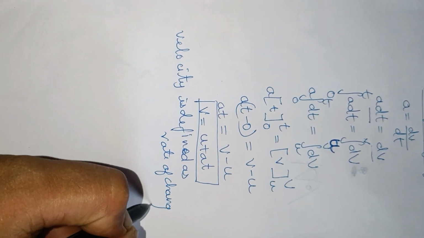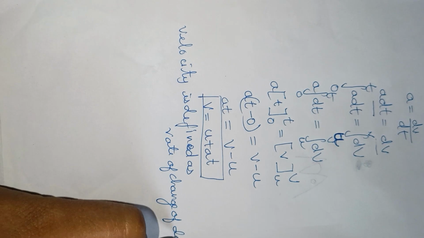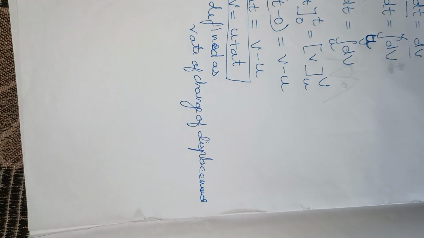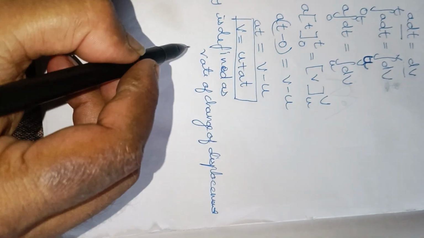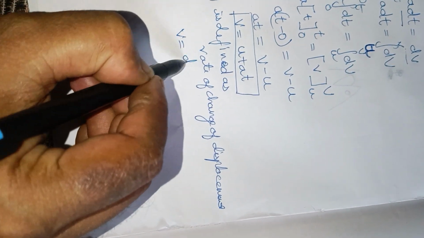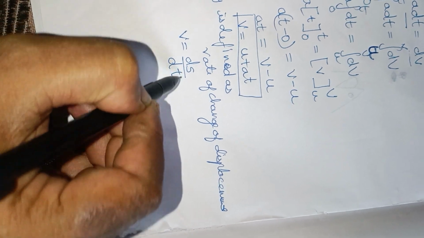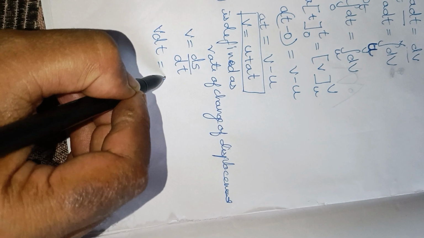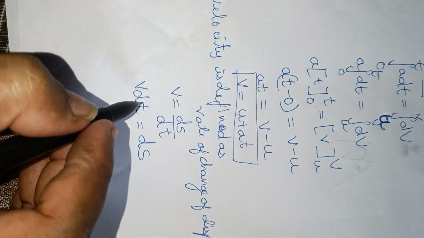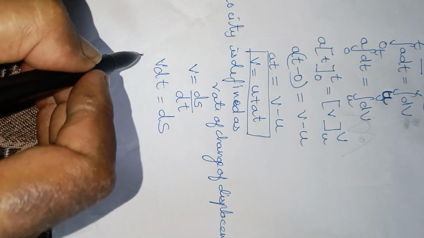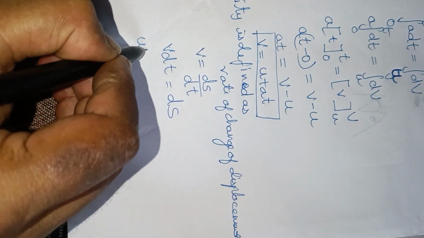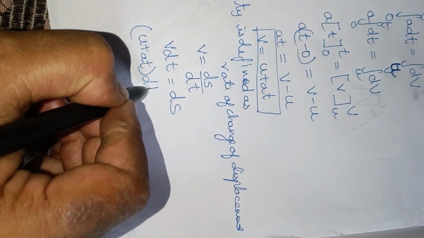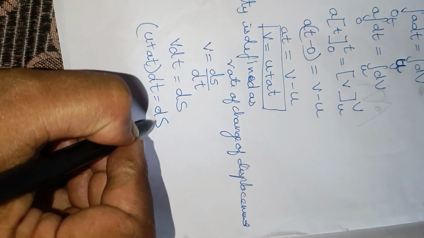We write v = ds/dt, or v dt = ds. Here we can write v as u + at, so (u + at) dt = ds.